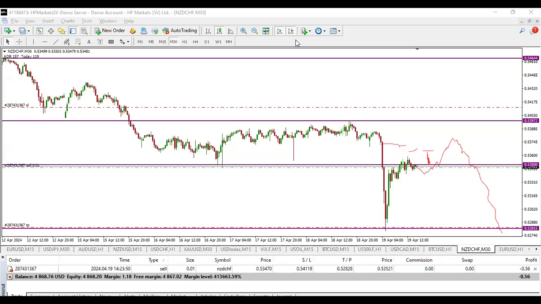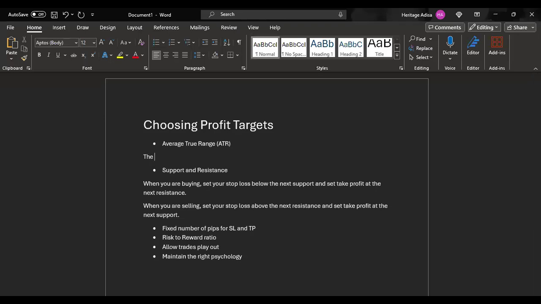The next point I want to quickly touch on is average true range. Average true range simply says the average number of pips that an instrument is expected to move in a day. You could also look at this in other time frames, but let's look at this.